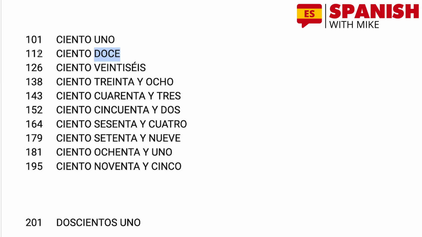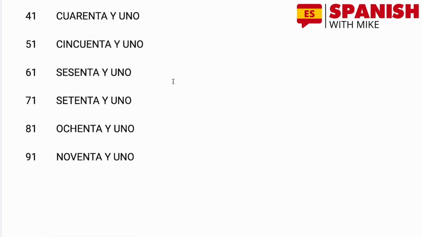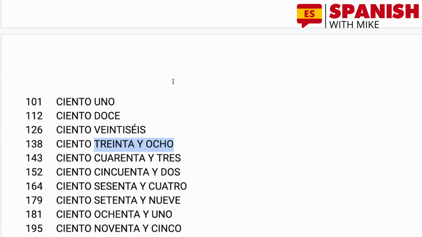Let's say 109. 138. You see how the 100, the word we use is ciento, and the two digits are the single number 38 that we just learned how to do here.